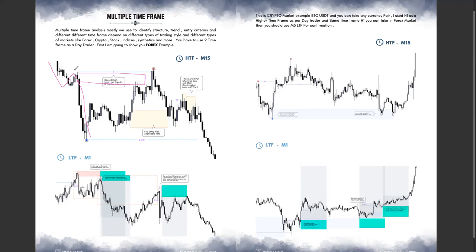What happened here? It swept this one, and then what happened here? After taking out this high, we can switch into the lower time frame and then we can sell. So this is the overall view that the market is actually looking for the sell.